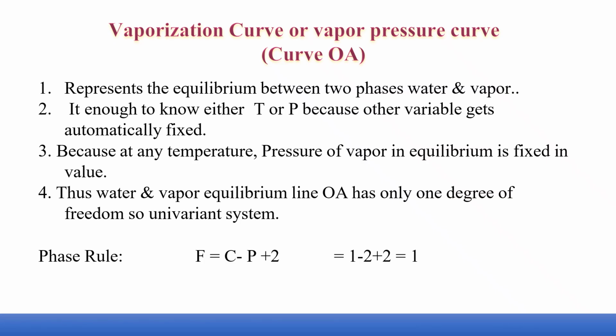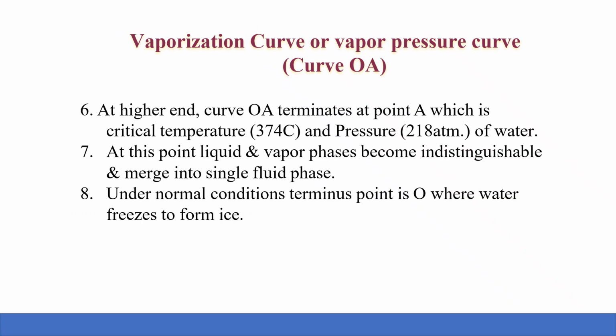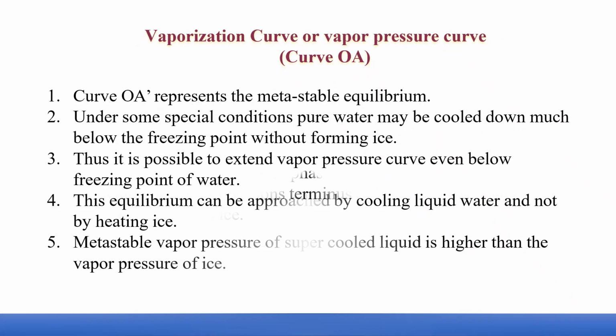Similarly, we have the vaporization curve, curve OA, which has only 1 degree of freedom. Therefore, the system is said to be univariant. The vapor pressure curve, called OA dash, represents the metastable equilibrium.